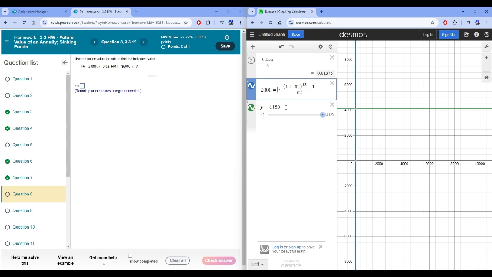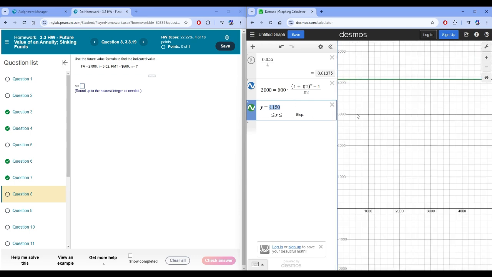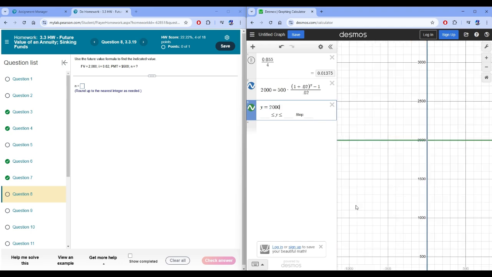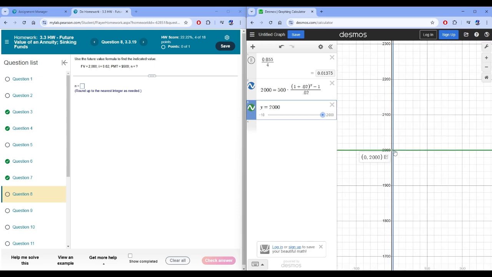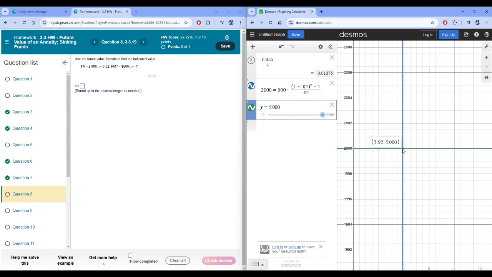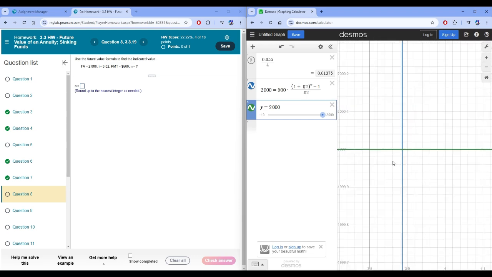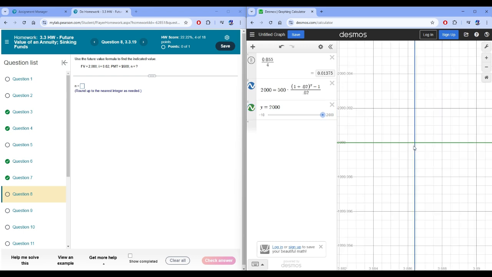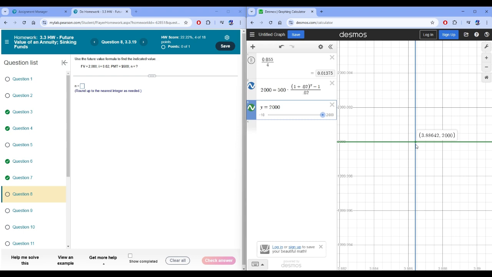My payment is 500, and I want to find out when this is going to be equal to $2,000. What does that look like? 3.88, so 4.